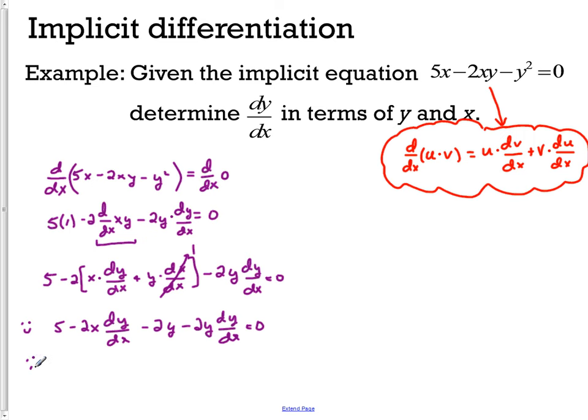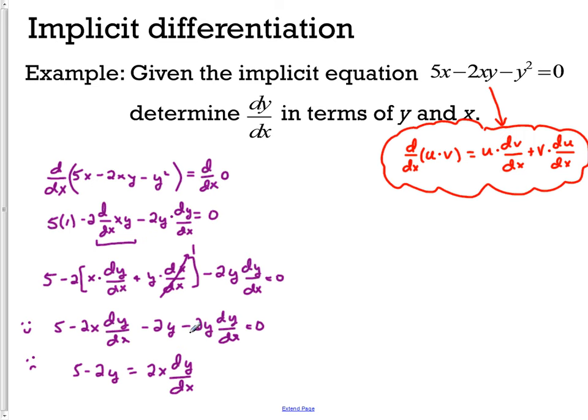So yeah, I know, a little bit more work. Let's try it out. What I'm going to do is isolate all of my dy dx terms to one side. So I'm going to actually do it by addition. I'm going to add 2x dy dx and 2y dy dx to the right hand side. So what I get is something that looks like this. 5 minus 2y is equal to 2x dy dx. So I move this over by addition.